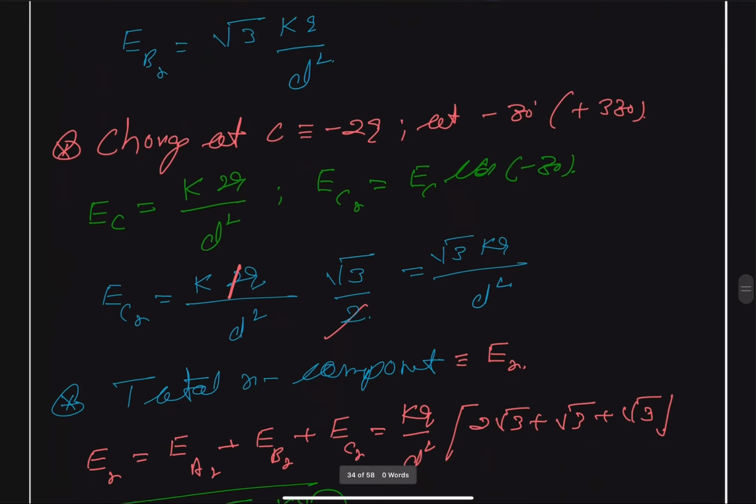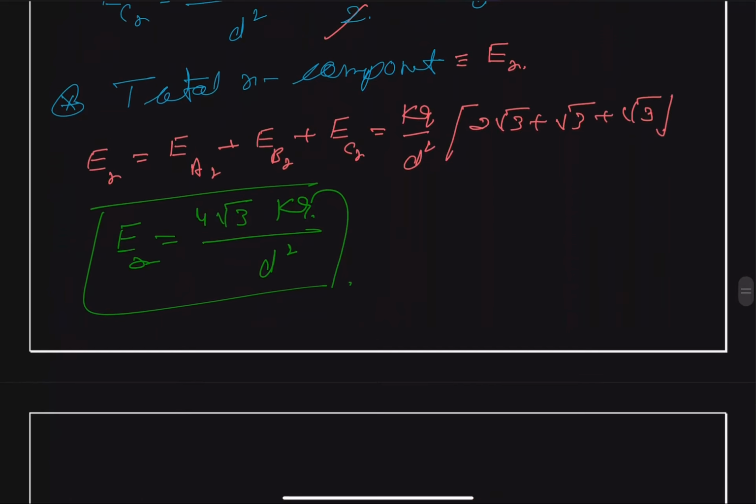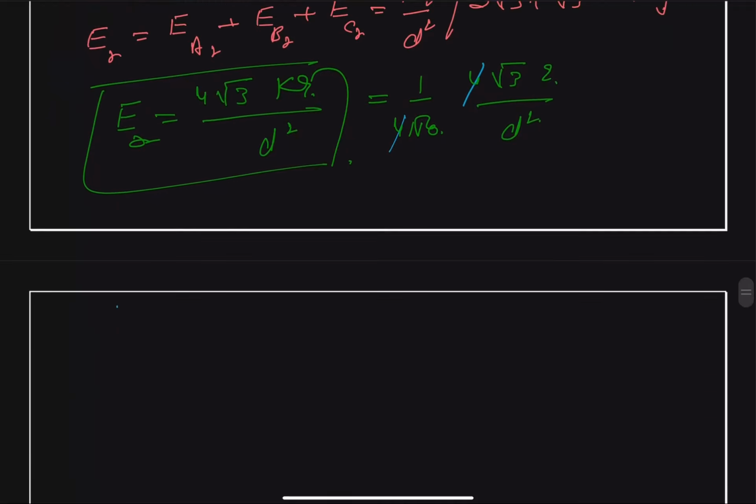So we get this as 1 upon 4 pi epsilon naught times 4 root 3 q upon d square. 4 cancels out with 4, therefore we get E of x is equal to square root of 3 q upon pi epsilon naught d square.